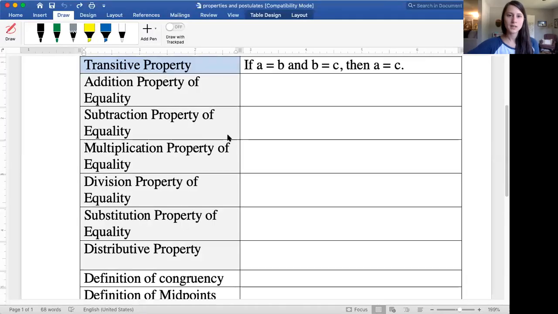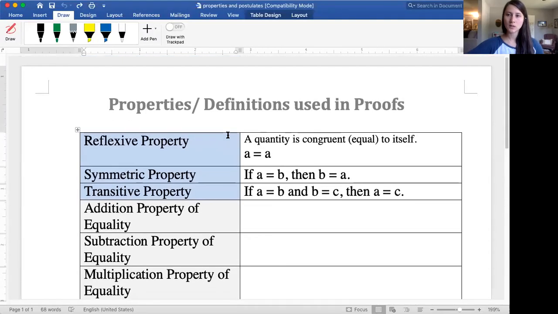On your chapter 2 test, you can use any handwritten notes. You can use the properties and definitions page that we have taken notes over.